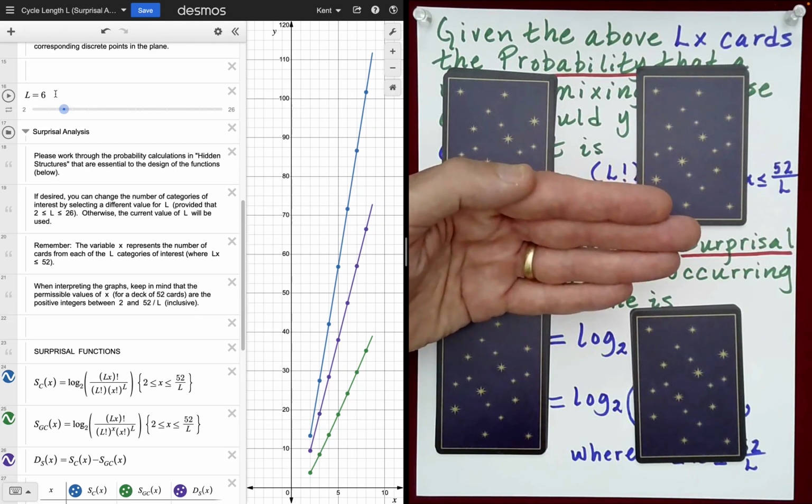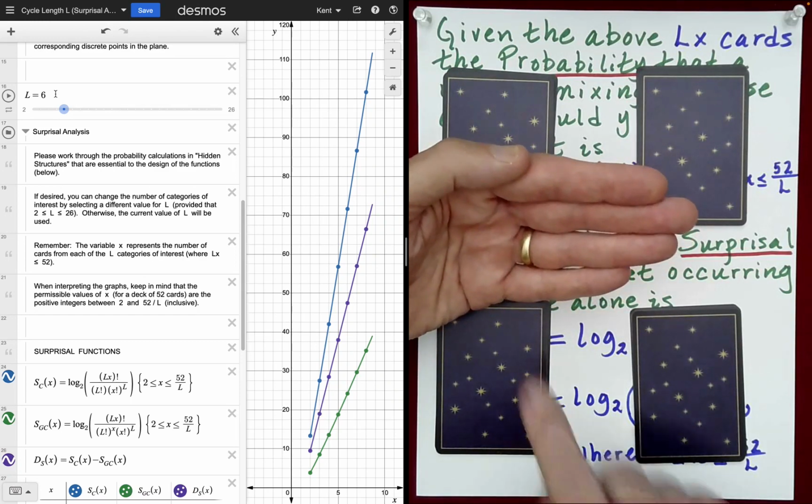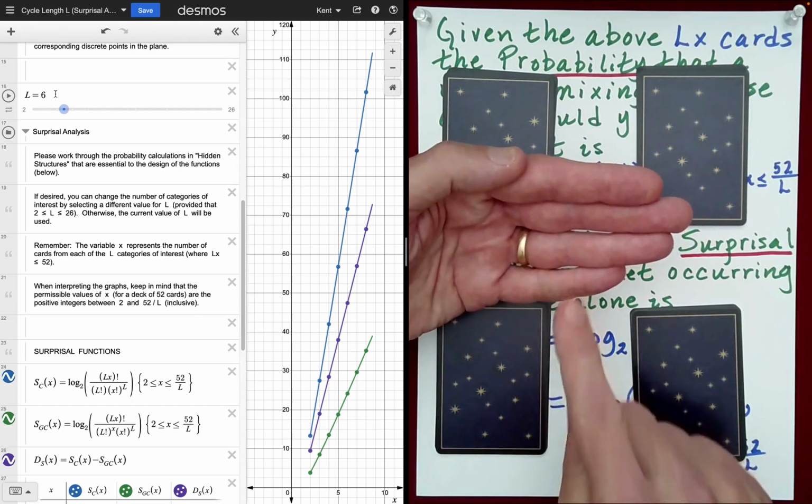What is the answer to life, the universe, and everything? And then there's a hint down here. Hint, add up the card values to obtain the answer.